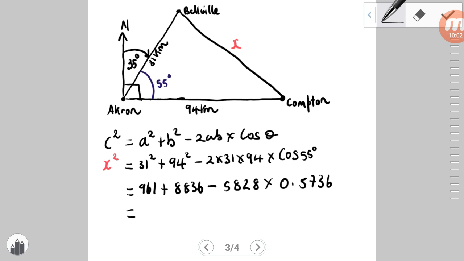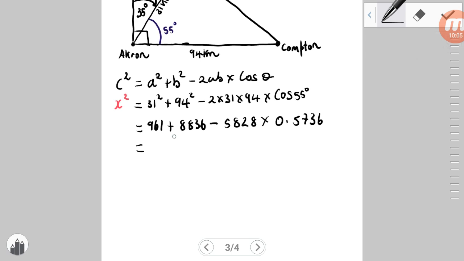So we're going to carry this down all the way here. We're going to therefore say 961 plus 8,836. That's going to be 9,797. And then you see here that 5,828 multiplied by 0.5736, we get 3,342.94.